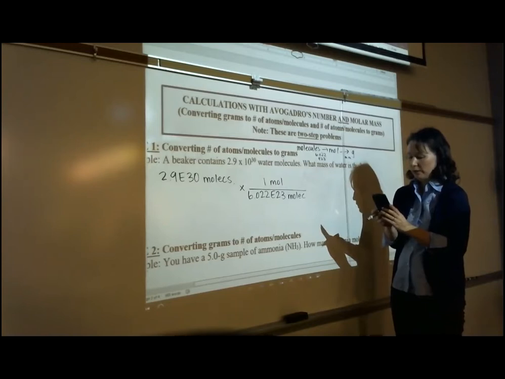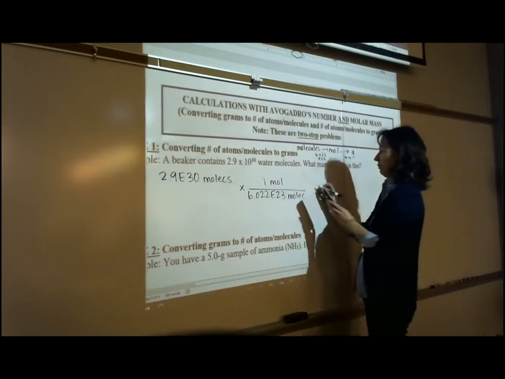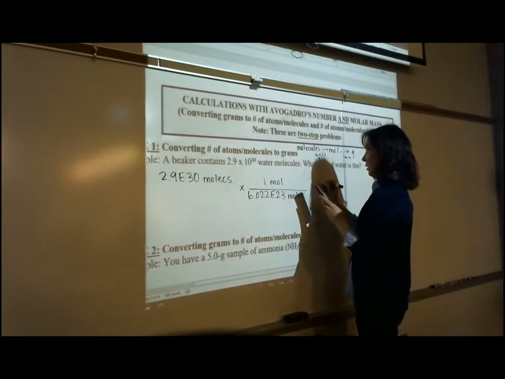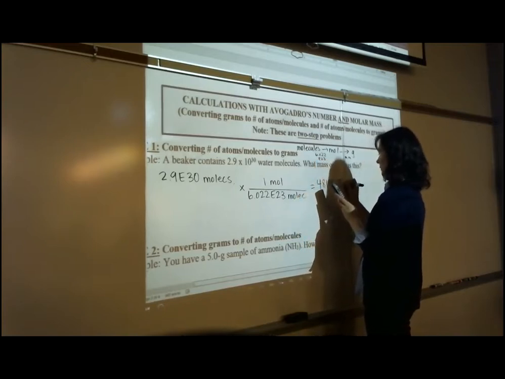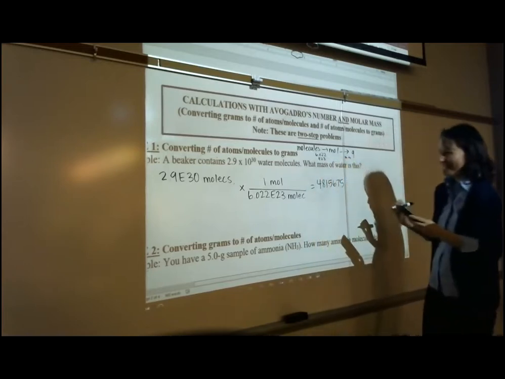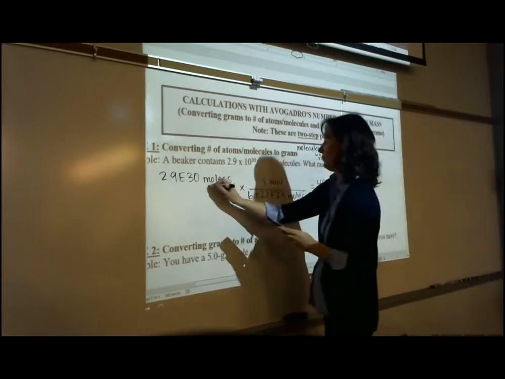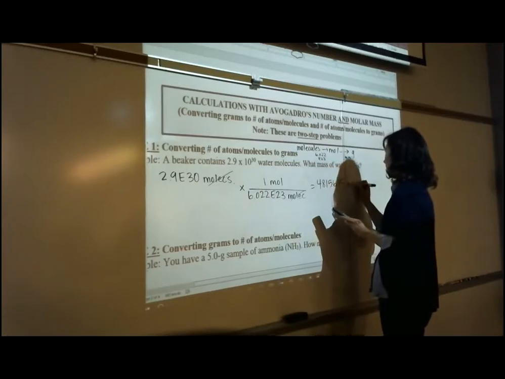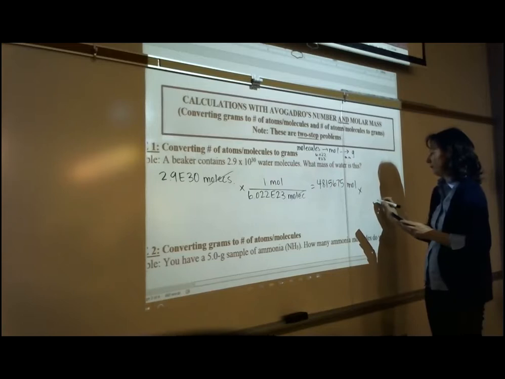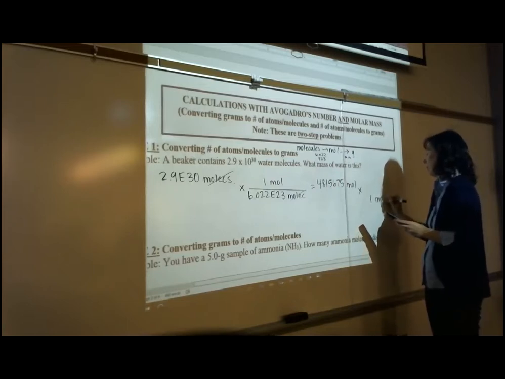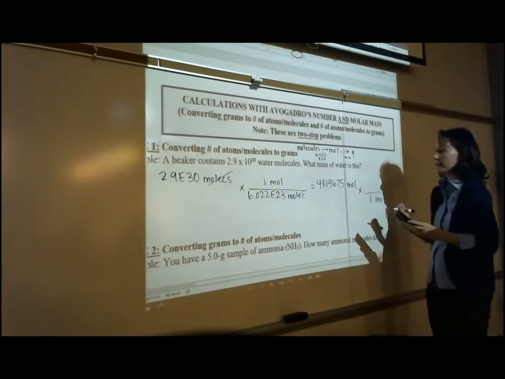2.9 times 10 to the 30th divided by 6.022 times 10 to the 23rd gives me a big number, 4.815675 and so on. Well, that's a lot. And my answer here is moles. All right, now let's convert that to grams. 1 mole has a mass of what?